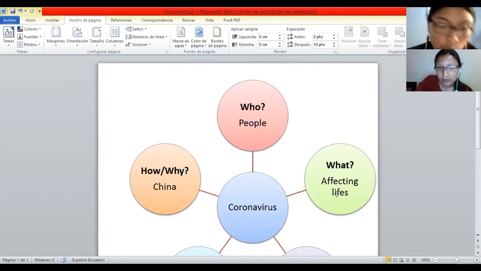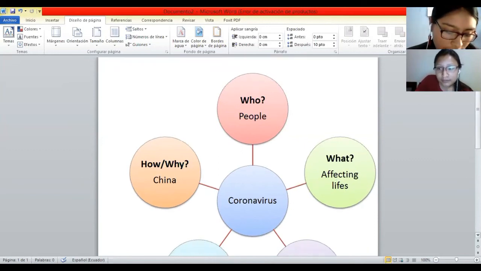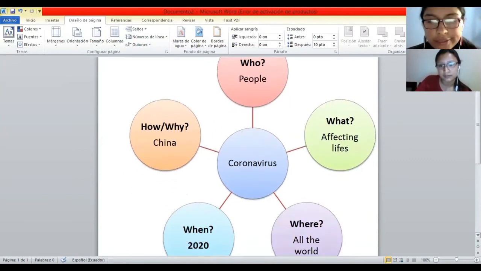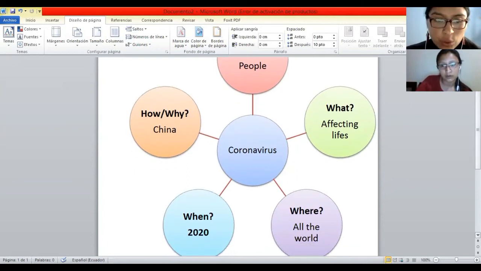Okay. Then we have where, you put all the world. Yes, it is okay. The coronavirus is affecting all the world, but as you are going to talk about just your country, you have to put here Ecuador, right? Okay. So for when, it is also okay, maybe to be more specific, you could put since April 2020.